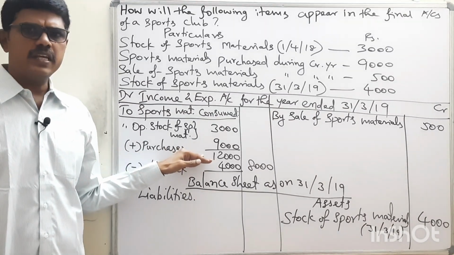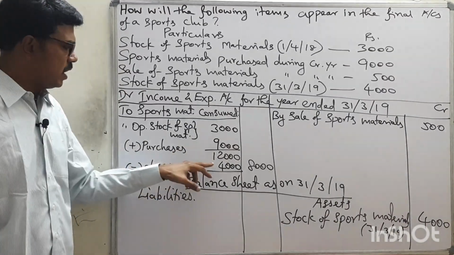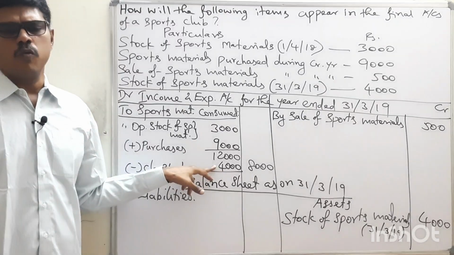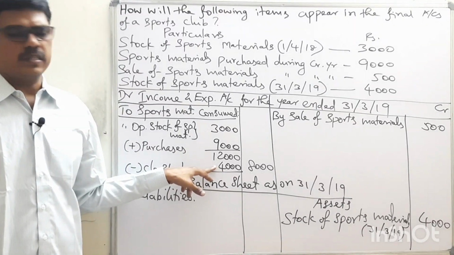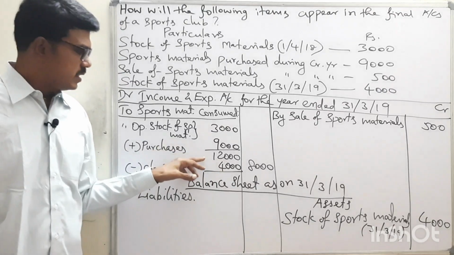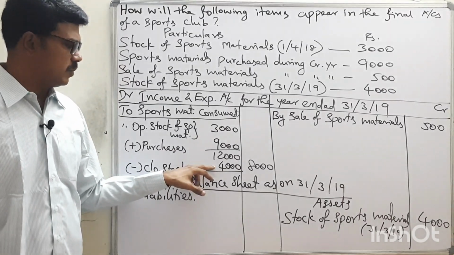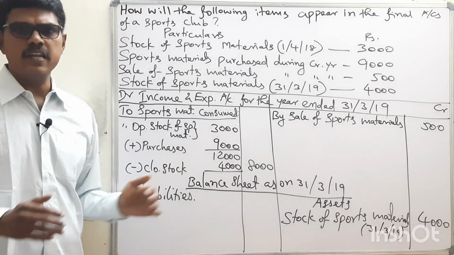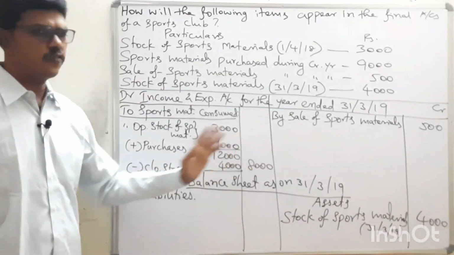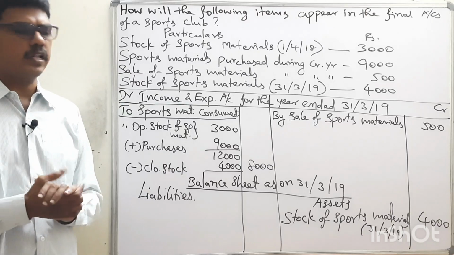At the end of the year, they come to know that they have only 4,000 worth of sports material in the club. This makes us understand that the remaining amount was actually spent or used during that year.